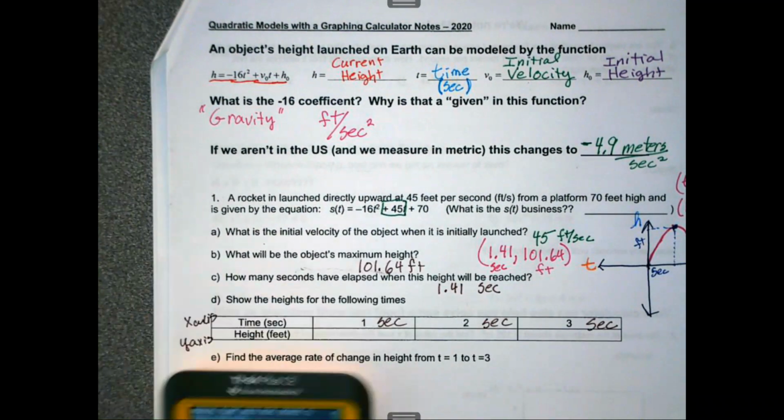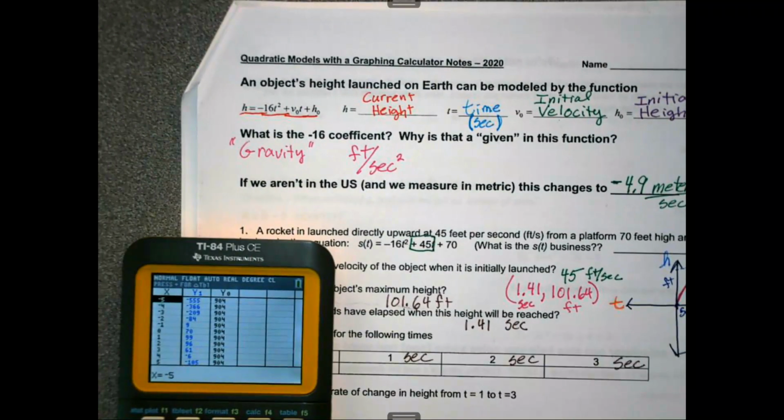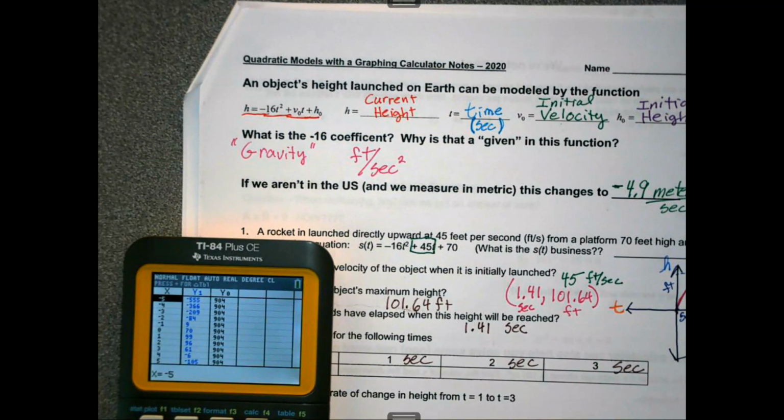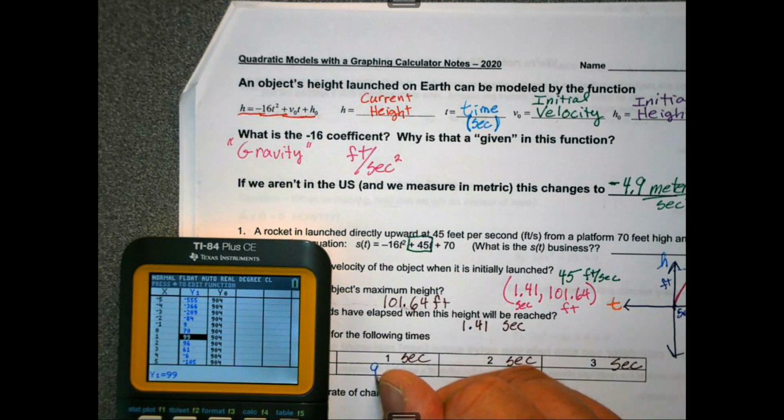Okay, so I'm going to look at the x axis at 1 second. When my x is 1, there's my x. My y is going to be at 99 feet. When my time is at 2 seconds, my height is going to be 96 feet.